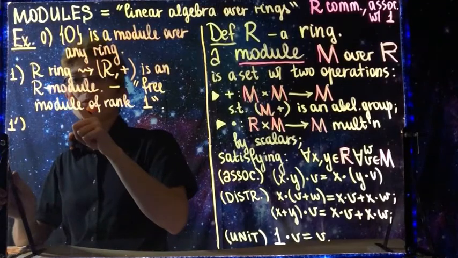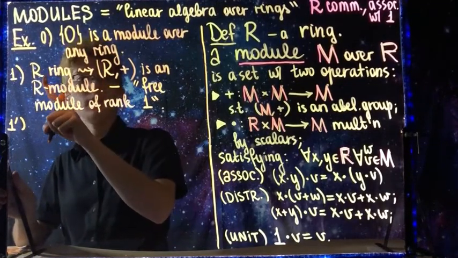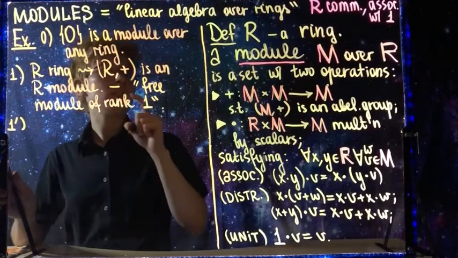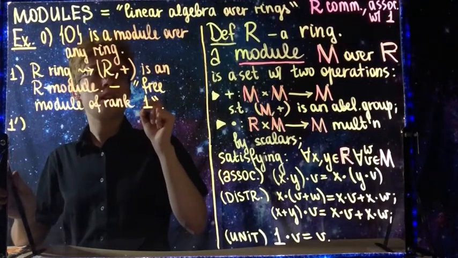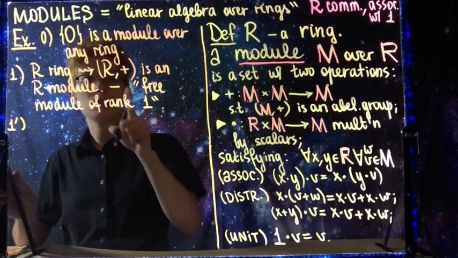So you can think that viewing R as a module over itself is similar to viewing some field F as a one-dimensional vector space over itself.